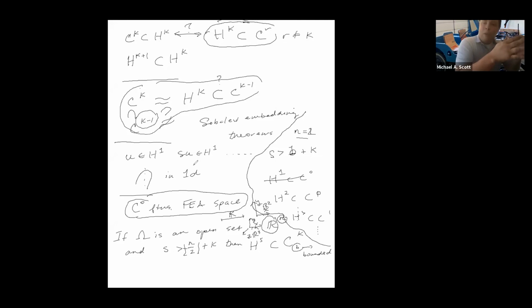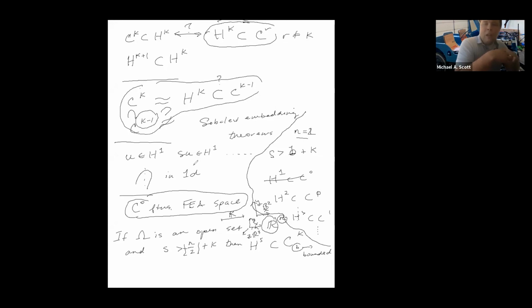But remember, there's a caveat here that the Sobolev spaces are infinite dimensional. So to get an exact representation in a CK space, you would need an infinite number of those functions. In finite elements, we have a finite dimensional space. And so in that sense, it doesn't really matter whether we do C0, C1, C2, because it's just going to be about how many of those we have, right?